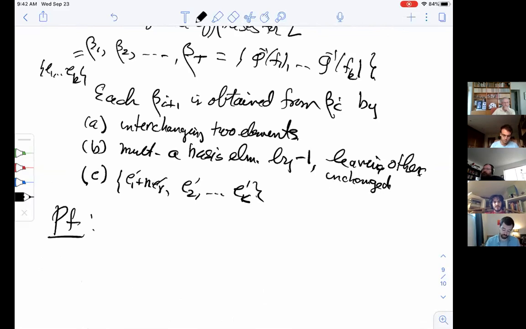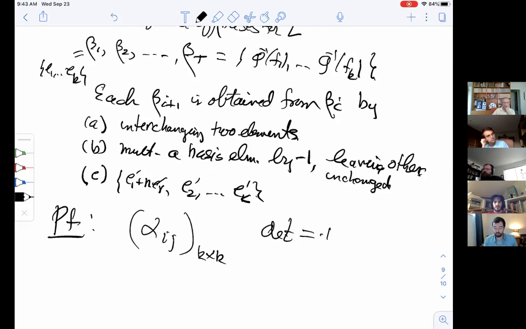Think of this in terms of matrices. So we have a K by K square matrix of determinant plus or minus 1. That's one basis written as columns in the other basis. And the fact that the determinant is plus or minus 1 is that these are both bases for the same lattice.